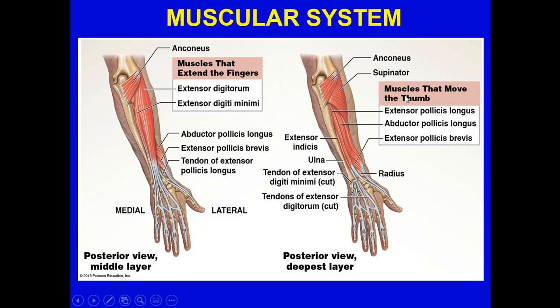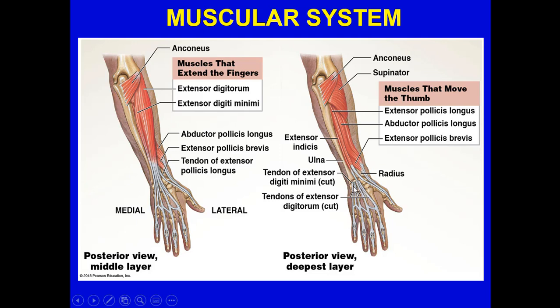Now let's talk about the muscles that move the thumb. The anconeus is right here stabilizing everything. We have the supinator. We have the extensor indicis right here. Ulna, radius would be here. Extensor pollicis longus, right here. Abductor pollicis longus, right here. Extensor pollicis brevis, right here.